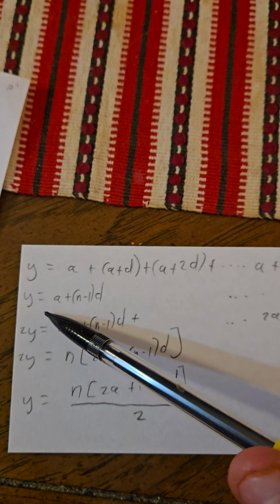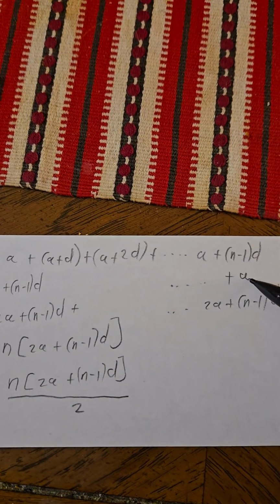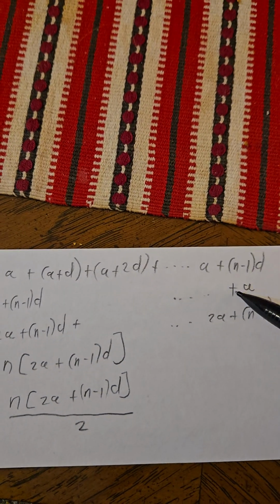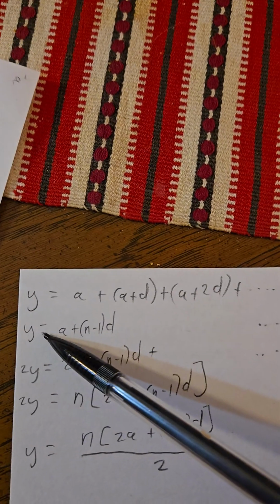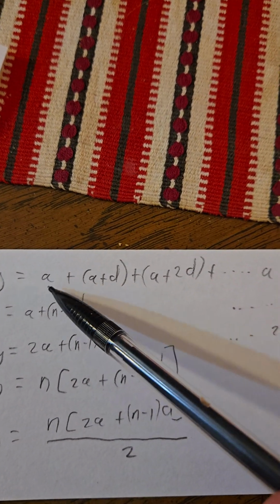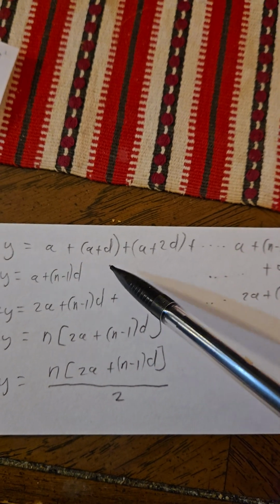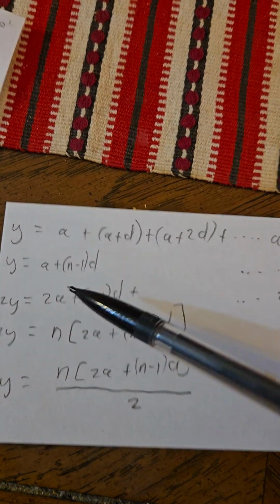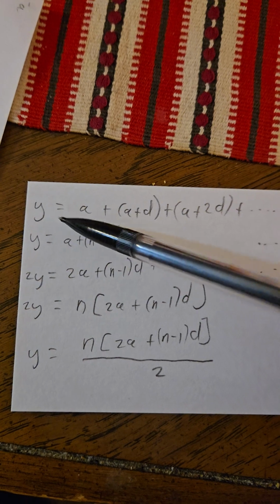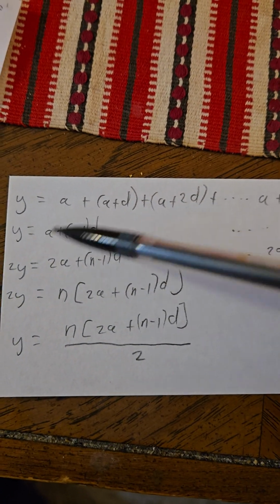And what I do is I rewrite it underneath, just in the opposite order. So a is there, and that final term is here. While each of these is increasing by d from left to right, here they're going down by d. So here we've got 2 lines.